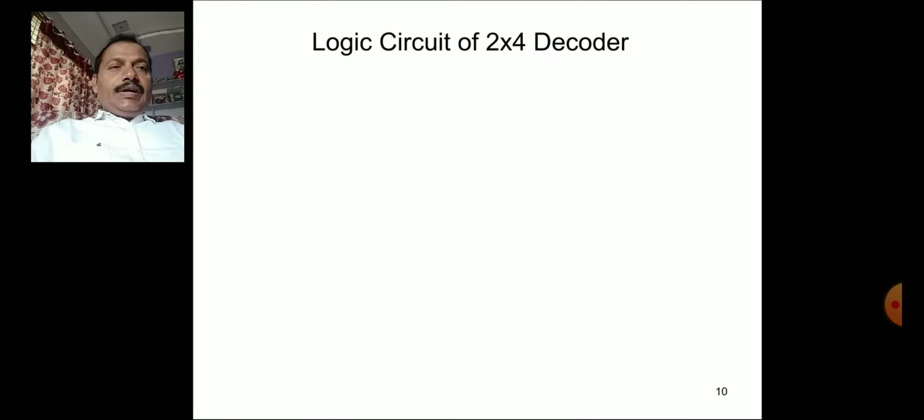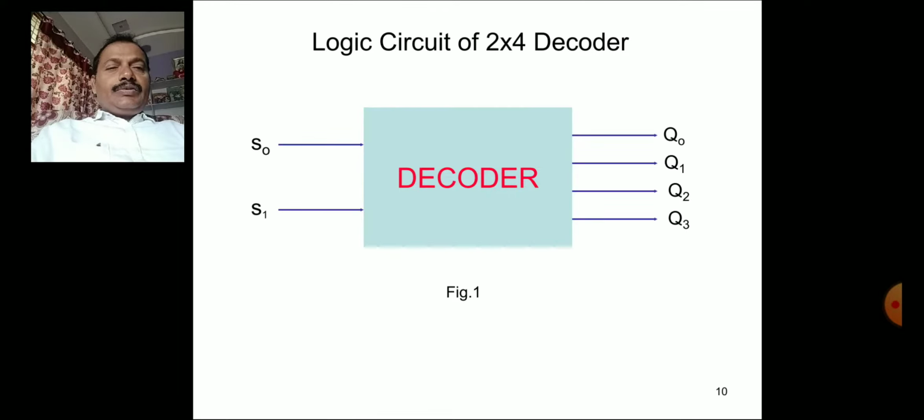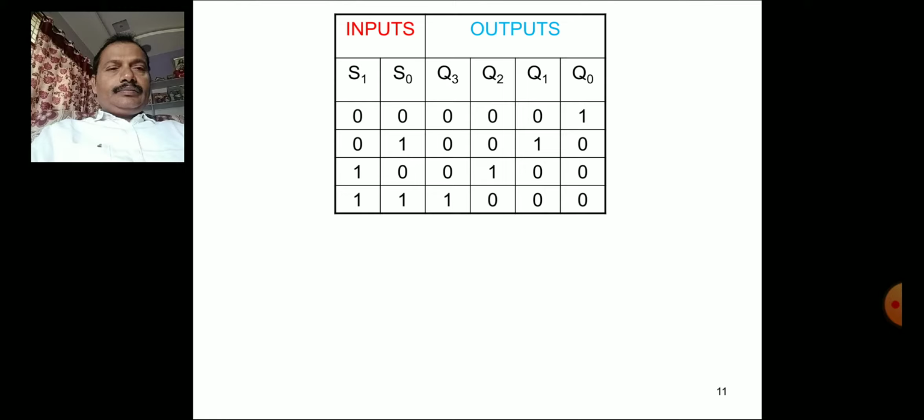So let us consider the 2 to 4 decoder logic circuit. Here there are only two code bits, S0 and S1, and you have the outputs Q0, Q1, Q2, Q3. That means 4 outputs. So this is the truth table.